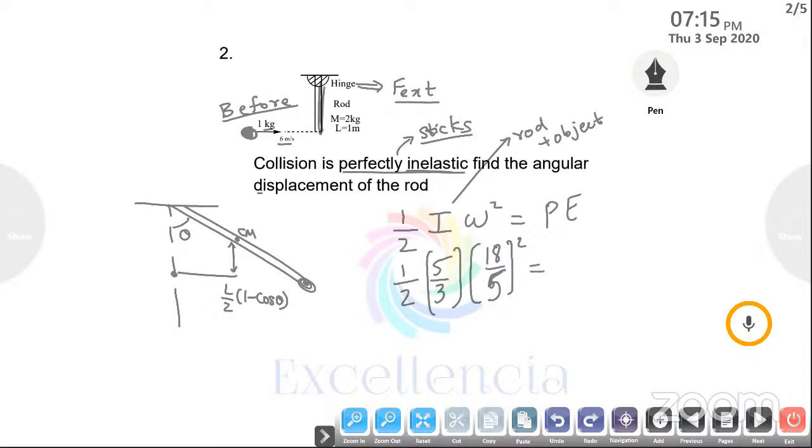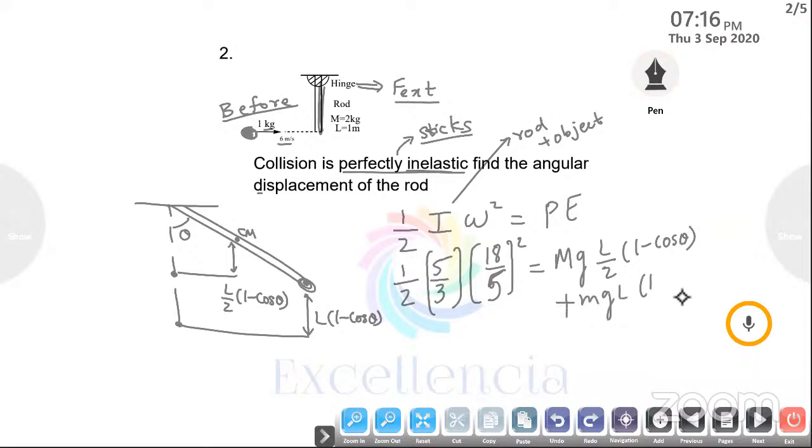What about the object? The object was originally here. It will be L into 1 minus cos theta. So it went up. Now potential energy for the rod is mg L by 2 into 1 minus cos theta, and for the small object, mg L into 1 minus cos theta.